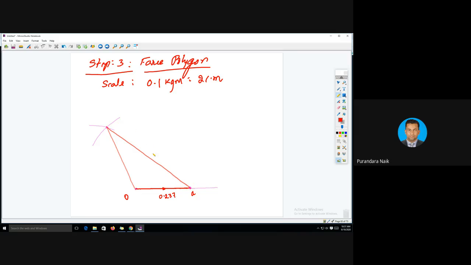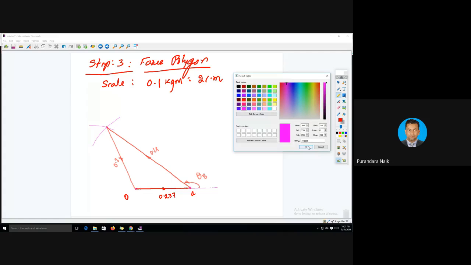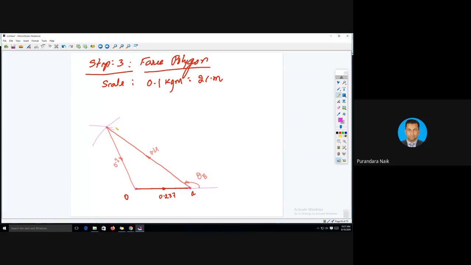So this is 0.4. This is 0.2. Now we can measure the angle. This angle is theta B. If you draw the reference line through this point, it is actually B, right?